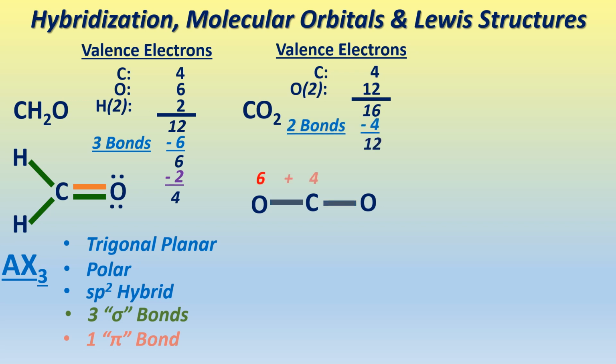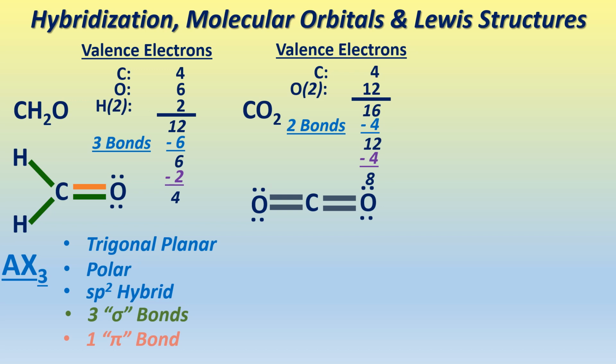Each oxygen still needs 6 to make an octet, and the carbon needs 4. So although I only have 12 electrons left, I actually need 16. In order to make up the shortage, you share 4 more electrons, 2 more bonds. That leaves 8 electrons, 4 of which go to each of the oxygens to complete the octet.